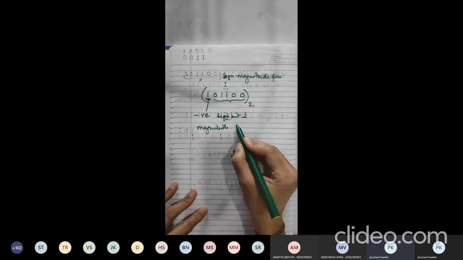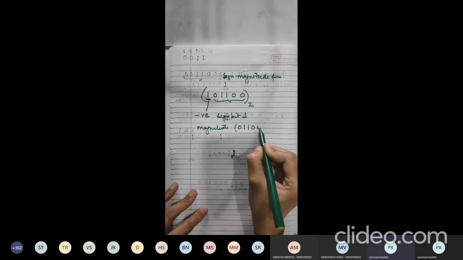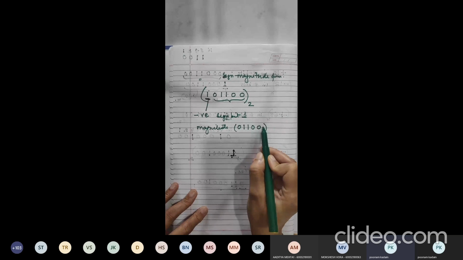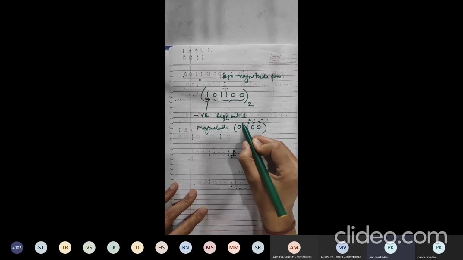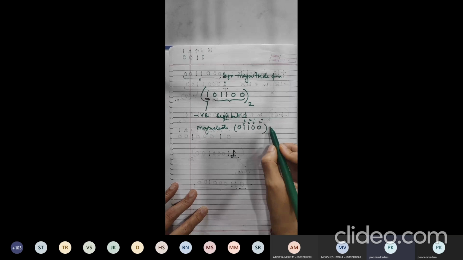That means you have to find out the magnitude of 01100. 1100, we know, is equivalent to decimal number 12, right? You can find that. So it is 8 plus 4, that is 12. So this is equal to decimal number 12.